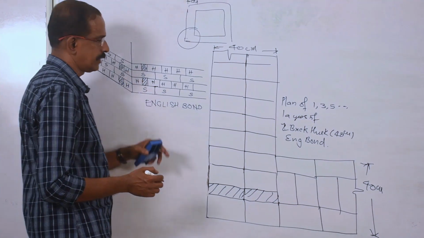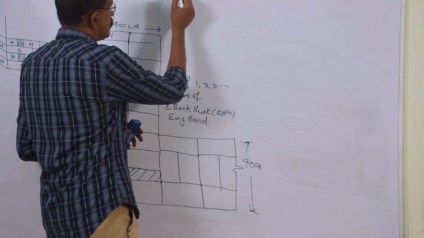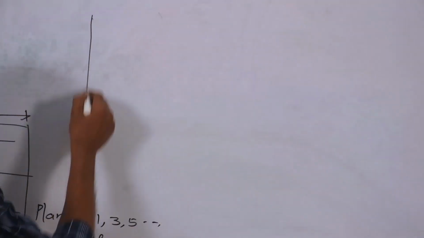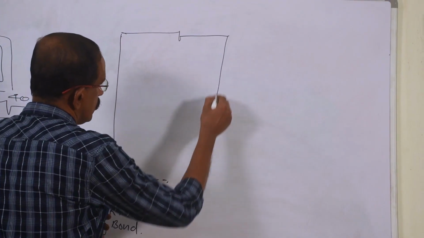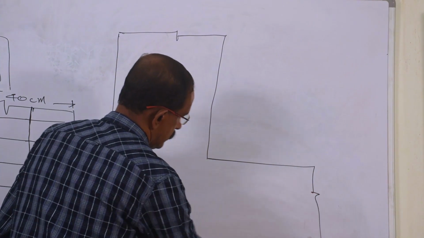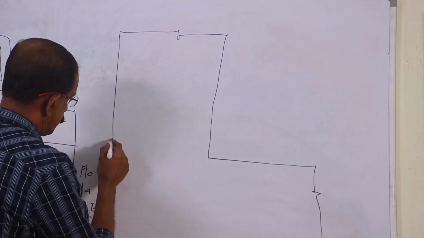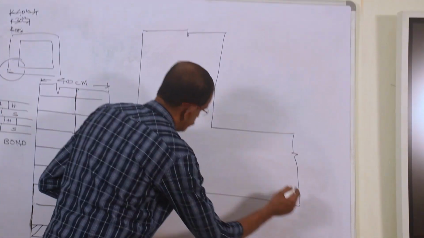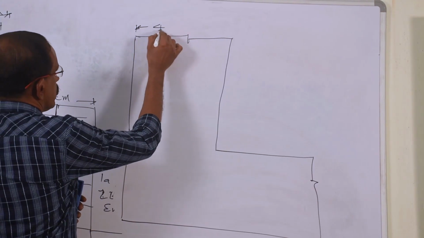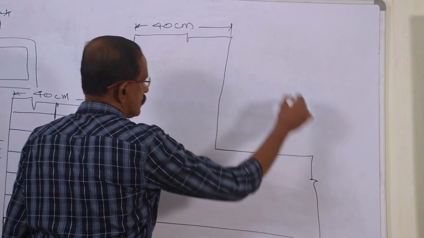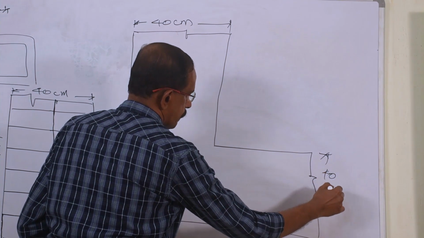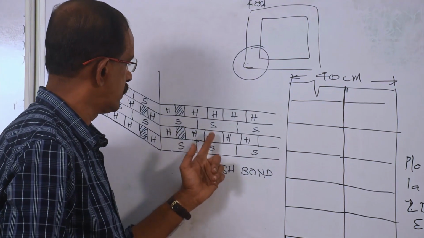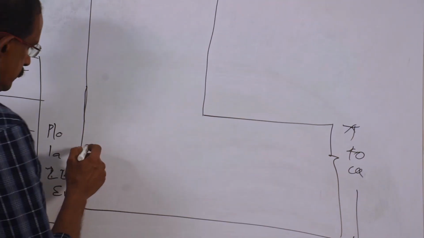Now we will go to the second layer. So as usual, draw 2 parallel lines in both directions that represent the corner of the wall. And mark it clearly 40 centimeters. Second layer, elevation you can see header, queen closer, header. So arrange the brick like that.